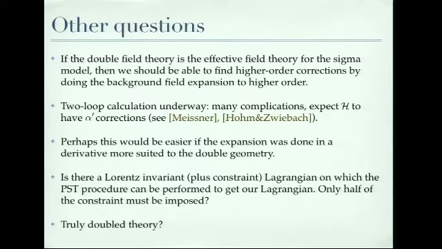Okay, so that was the result of the last paper, but that leads to some other questions which were really the motivation for doing this in the first place. So the double field theory is an effective field theory for this sigma model. It's basically the one loop calculation, so we can do the two loop calculation to try and find the higher order corrections to double field theory.